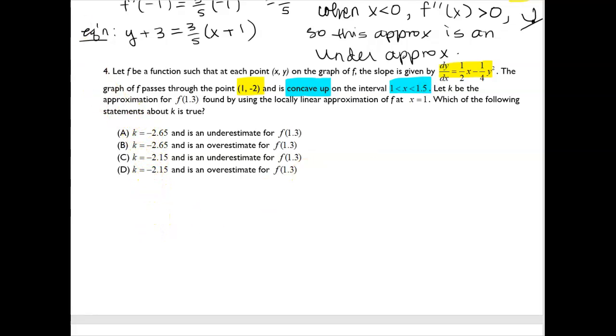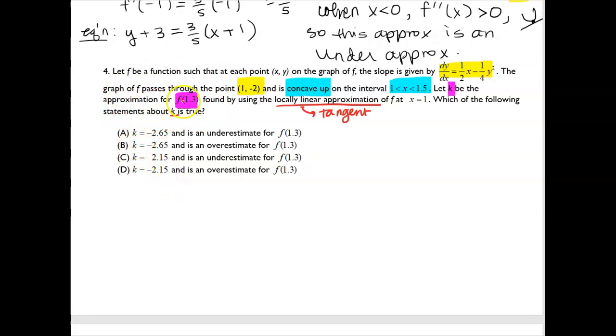It tells us that k is the approximation for f of 1.3, found using the locally linear approximation of f at x equals 1. So whenever you see that, that just means tangent. It's just a fancy word for tangent. Which of the following statements about k is true?